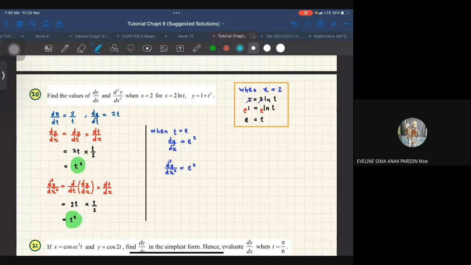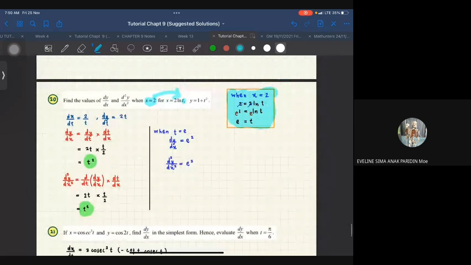Dia dah cakap dah dekat sini x sama dengan 2. So, daripada sini awak boleh masukkan dekat dalam yang ini untuk cari nilai t awak tu berapa. Okay, so that's why lah saya buat yang dekat belah kanan ni. That's why saya akan dapat e is equals to t. t is equals to e. So just substitute sahaja terus dapat jawapan. Okay, itu sahaja. Boleh ke?